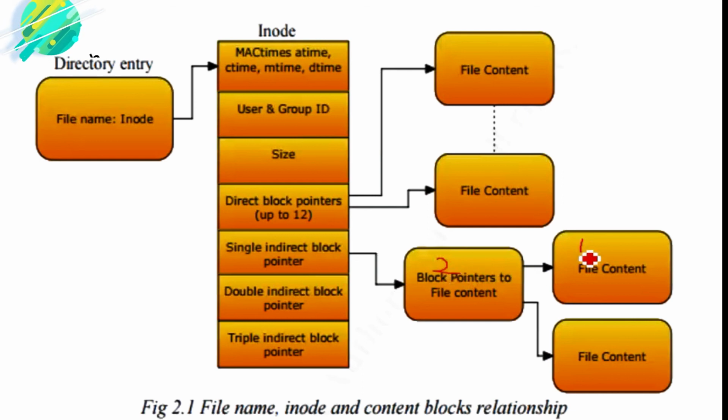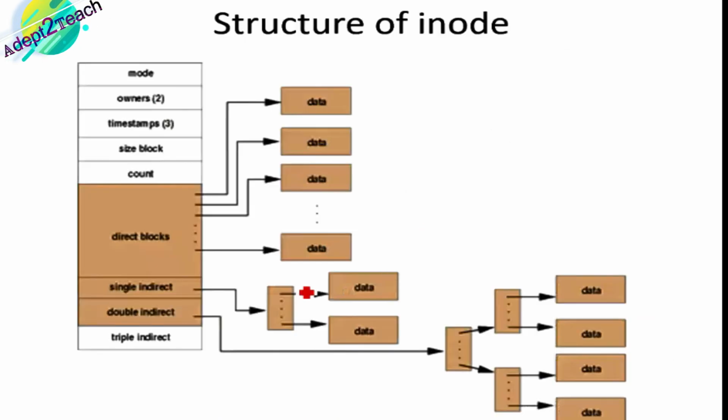One part is stored at location number 4 and the second at location number 8. So this will store the pointers to 4 and 8, the exact locations. So a single indirect pointer means there is one link in between which is storing pointers to other files.